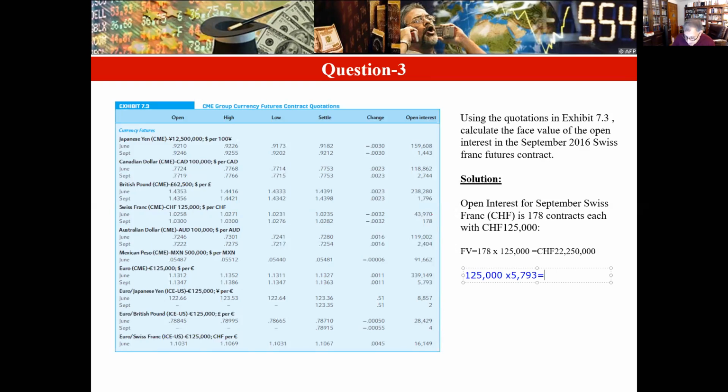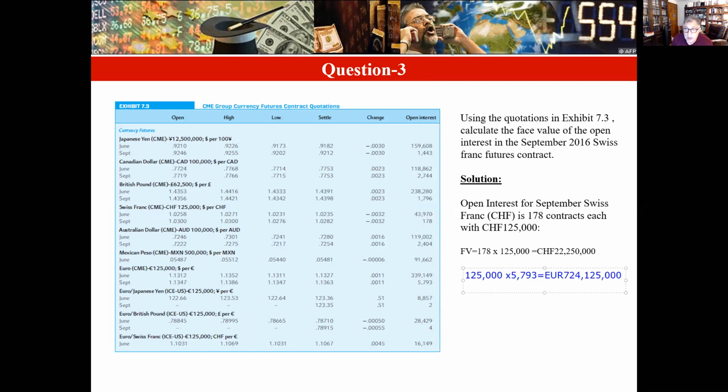So if you do the math, 125,000 times 5,793, we have 724,125,000. Actually, these are euros. So euro 724,125,000 is the face value of the contracts that are open for September for the euro contract.